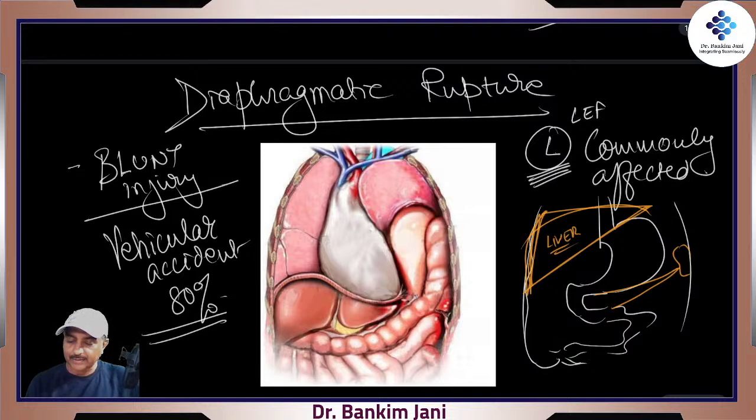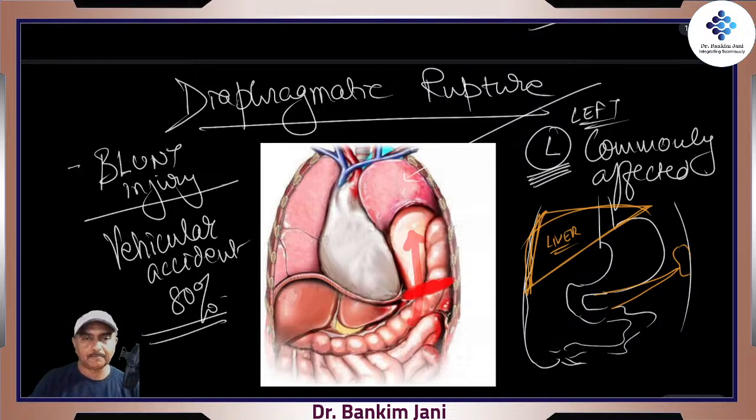Now, as it is seen over here, this is the rupture, and from here the abdominal contents have gone up. So much so that this is the lung, and the left lung is compressed.